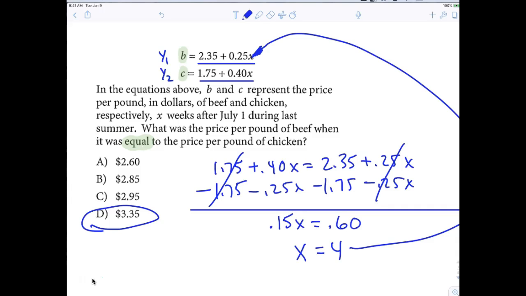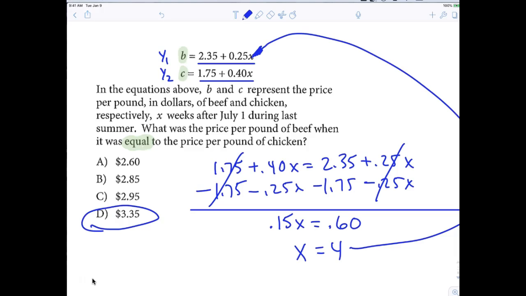What about you? Get out your calculator and listen to what I'm telling you to do. I want you to type that into y1 and y2 and then find the point of intersection. Do you know how to find the point of intersection, or do I need to remind you? Second, calc.